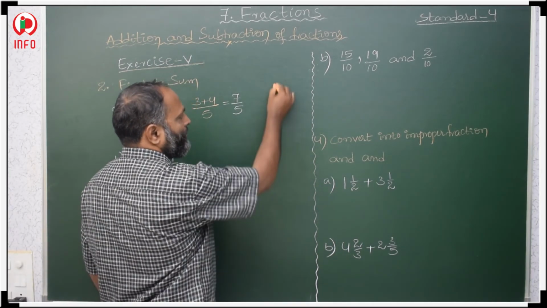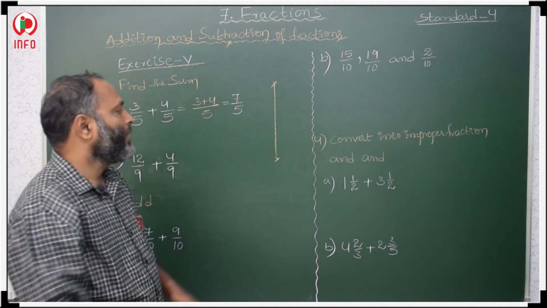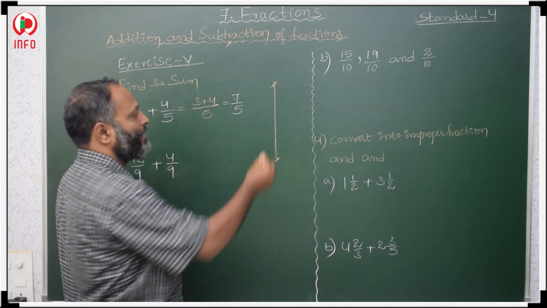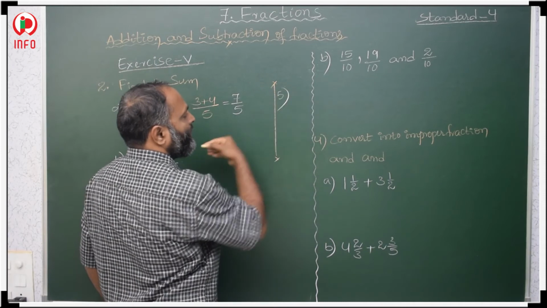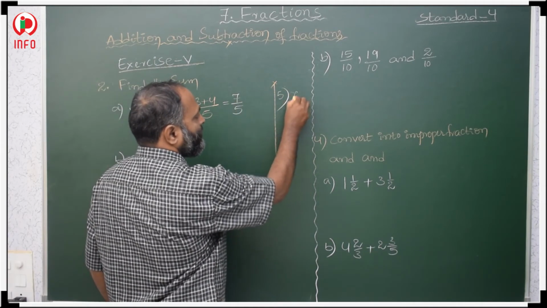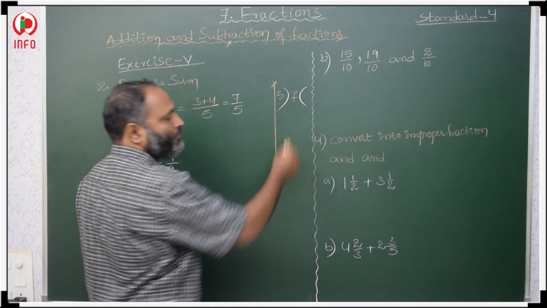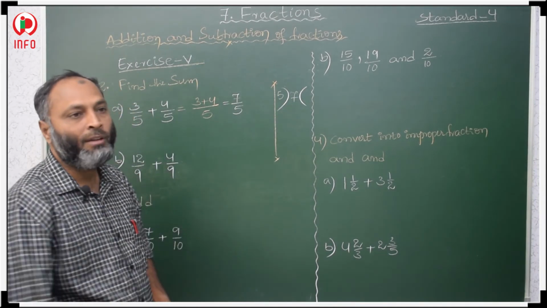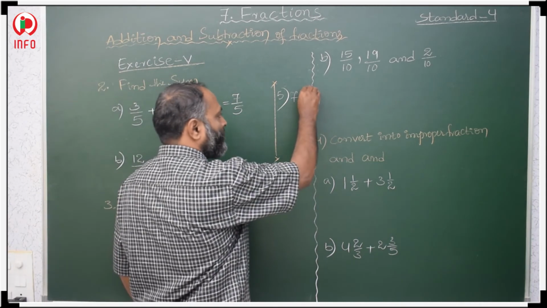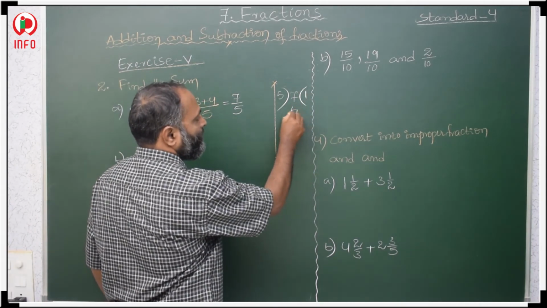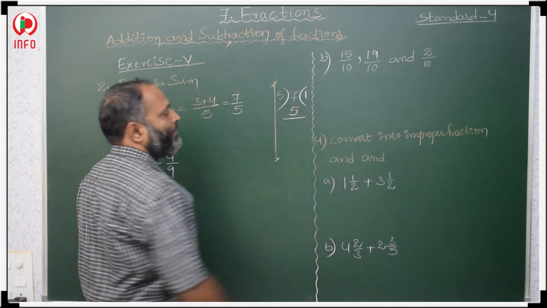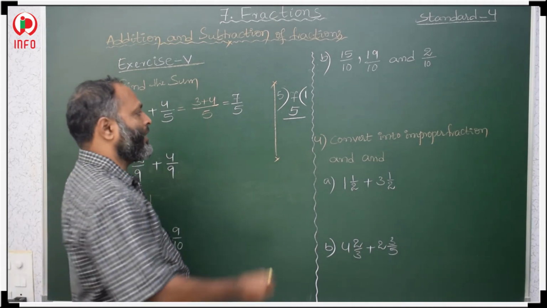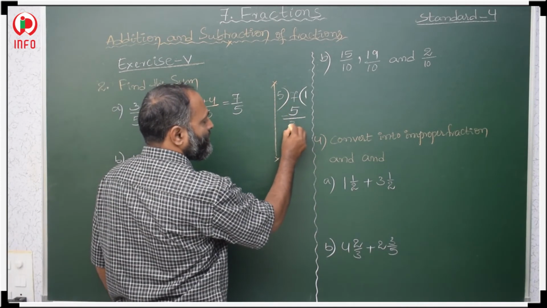In the rough column, first this denominator divides this numerator. Then in the 5 table, when you get 7, 5 ones are 5, then 7 minus 5 is 2.